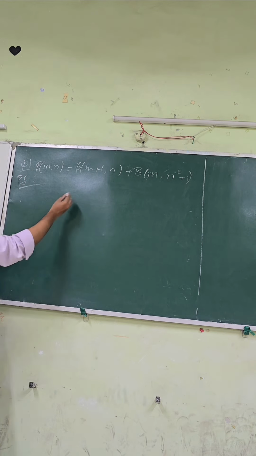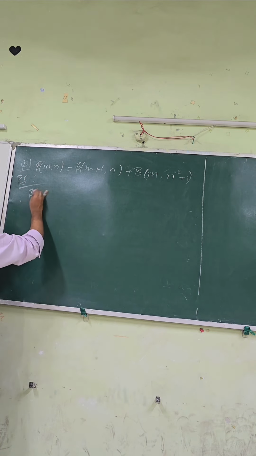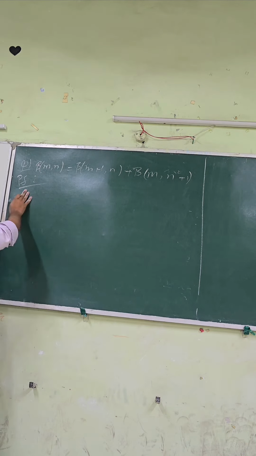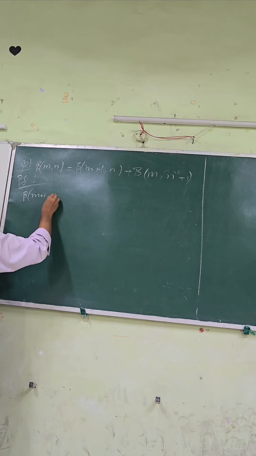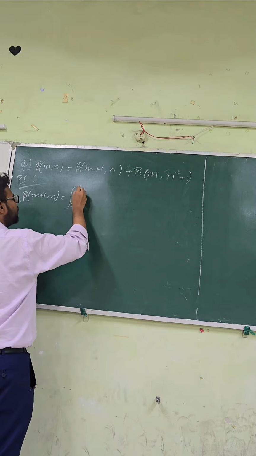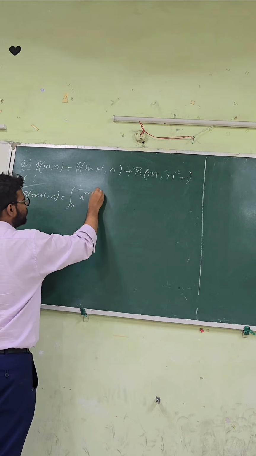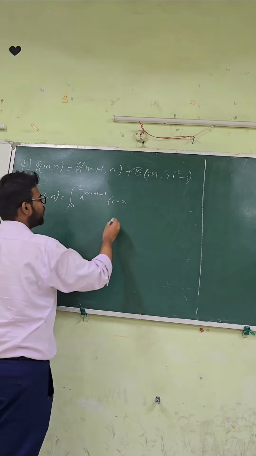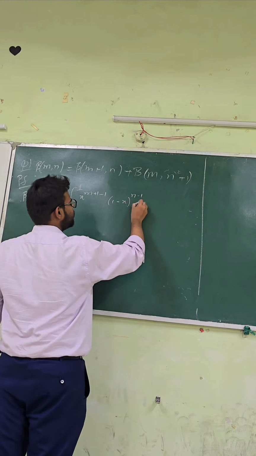Beta of m plus 1 comma n is equal to the integral 0 to 1 of x to the power m plus 1 minus 1, 1 minus x to the power n minus 1.